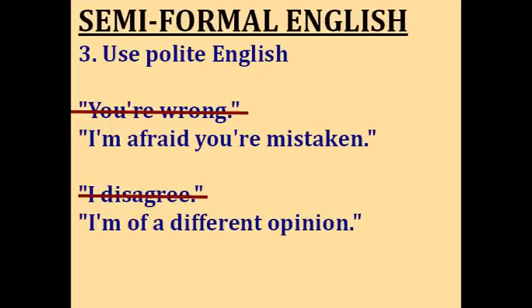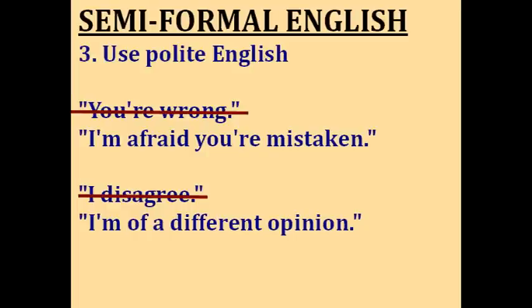Another element of politeness in English is that we usually try to avoid saying negative things too directly. So for example, instead of just saying something like, you're wrong, that sounds very accusatory, like you're saying the other person is stupid. A better way to phrase it is, I'm afraid you're mistaken, or I'm not sure that's correct, or something like that.